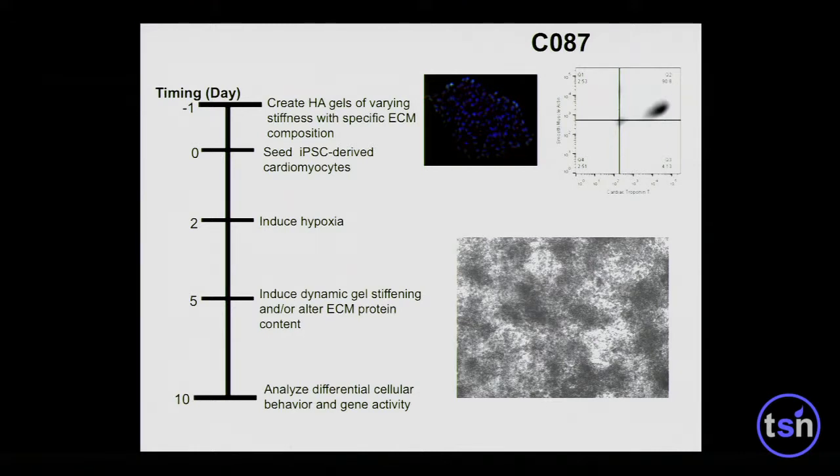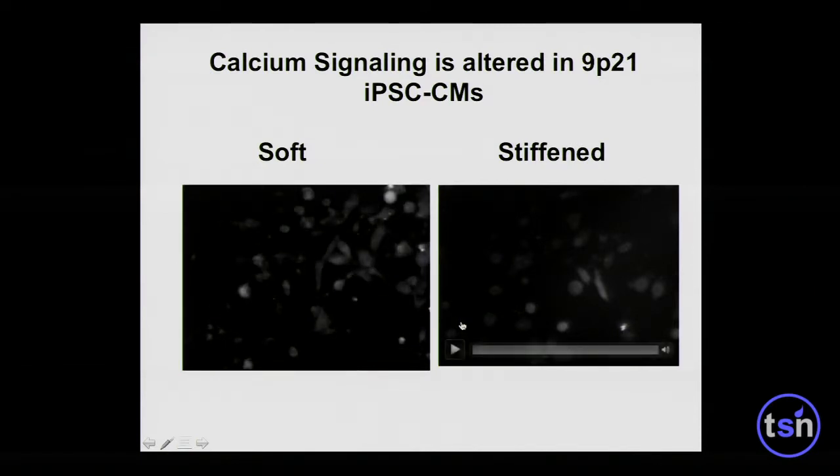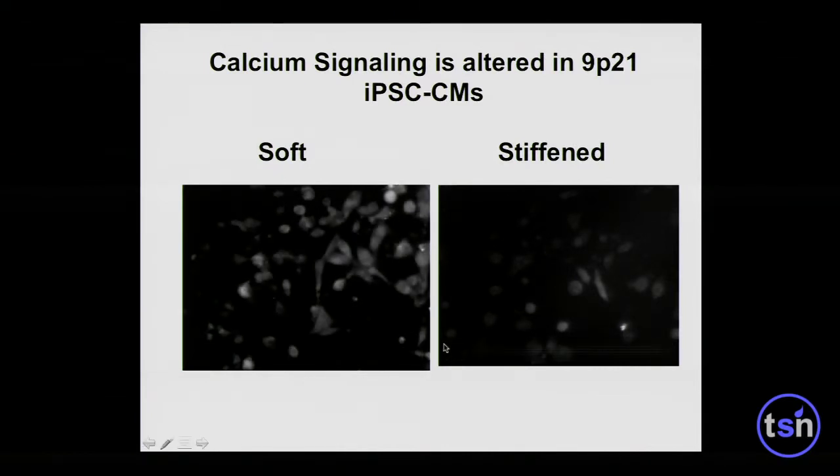Once we differentiate them to cardiomyocytes, we put them into this bioreactor that we like to call myocardial infarction in a dish. So we induce hypoxia, and then we stiffen the gel, much like one would see in vivo. And interestingly enough, if we can get these movies to play: in the soft environment, you see all the cells flash together, and this is indicative of mature calcium signaling.